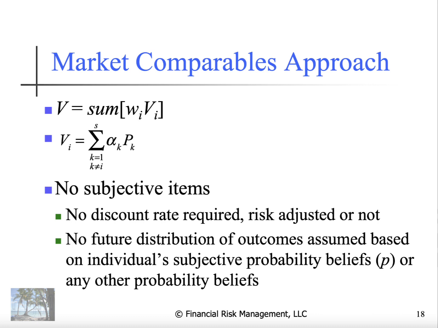However, the downside is the future distribution of outcomes assumed based on individual subjective probability beliefs or any other beliefs is not required. And so there are no distributional assumptions required here. You simply take the price of a comparable portfolio and you get the value.